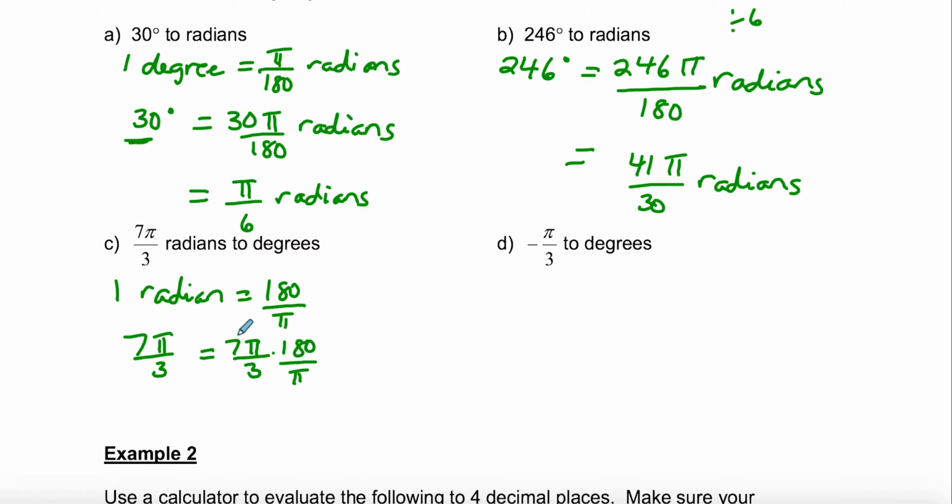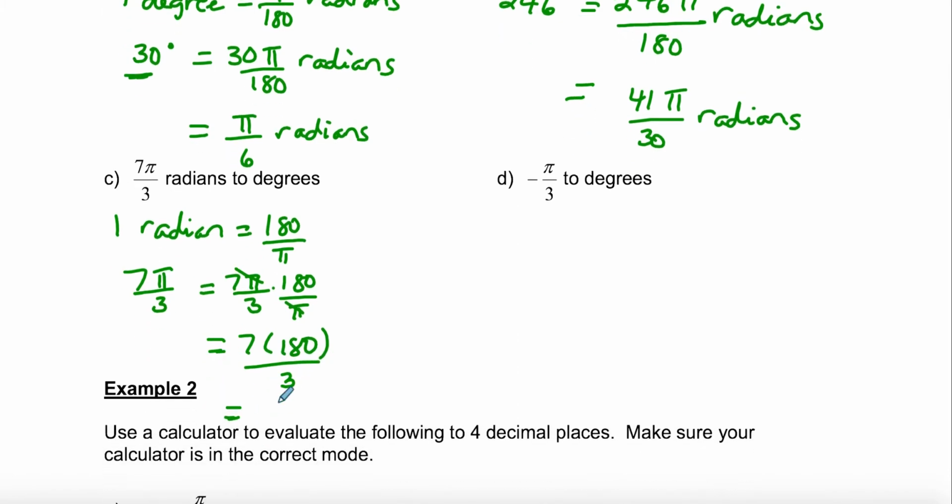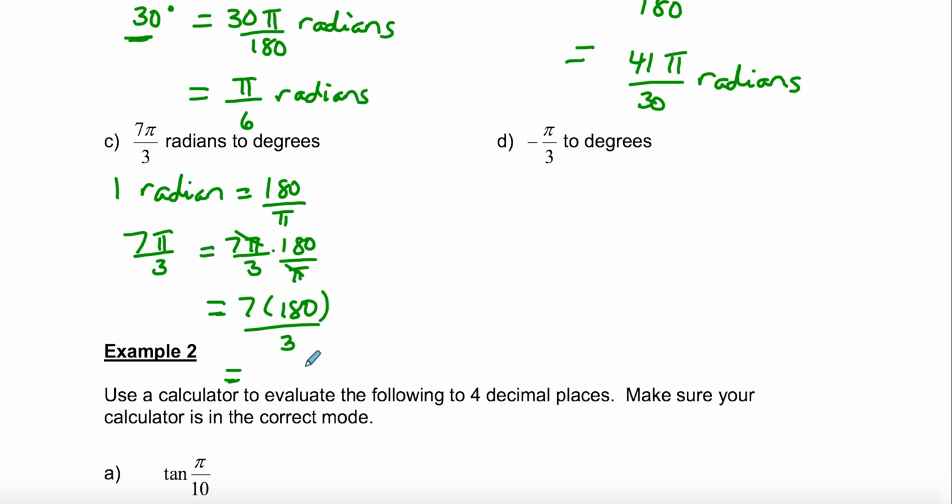We don't really have to write that out every time. What we end up doing is just 7 times 180 divided by 3. And so 7 pi over 3 radians is the same thing as 420 degrees.